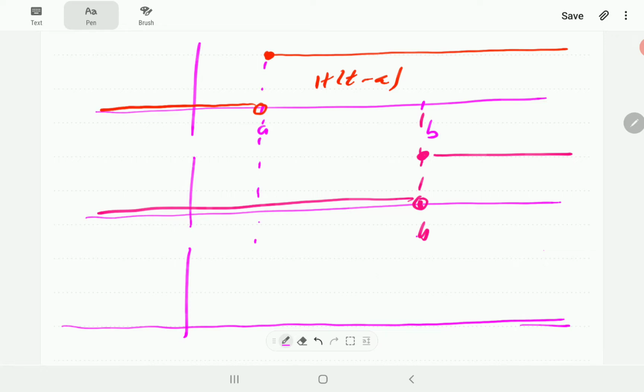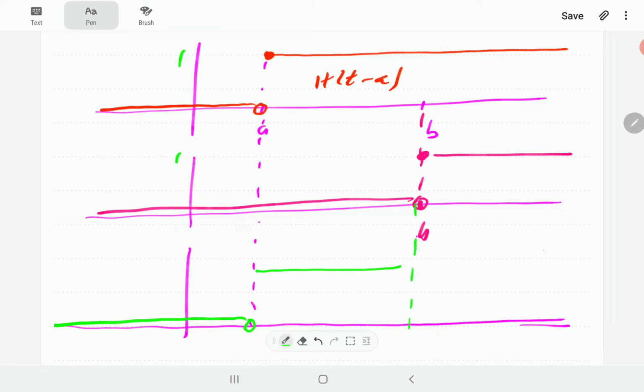Now there are three regions where we need to do this. The first region is to the left of A. In this case this is 0 and this is 0, so when you subtract the two, you get 0. Then in between A and B, this one is 1 and this one is 0, so when we subtract, we get 1 minus 0, which gives us 1.